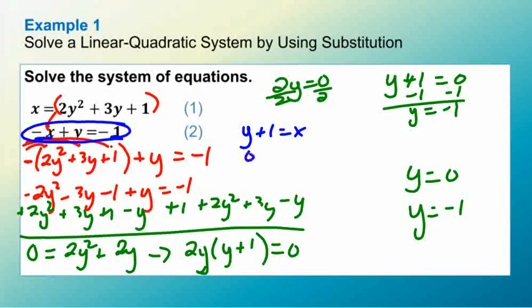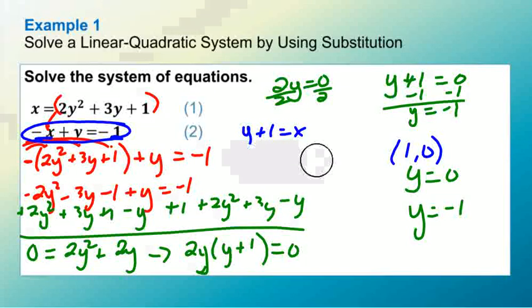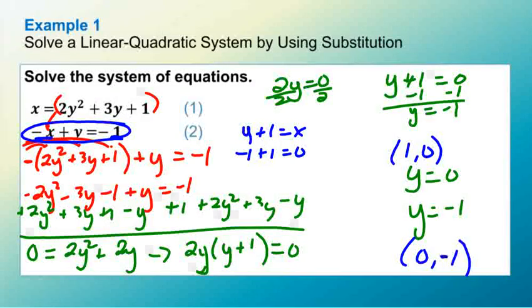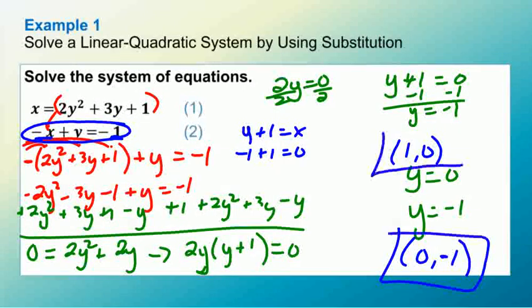If I put a 0 in for y, my x would equal 1, so one of my ordered pairs could be (1, 0). And if I put a negative 1 in for y, this will give me 0, so I could also have the point (0, negative 1). So my two solutions would be (1, 0) and (0, negative 1).